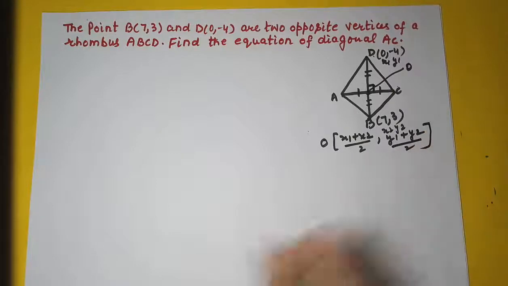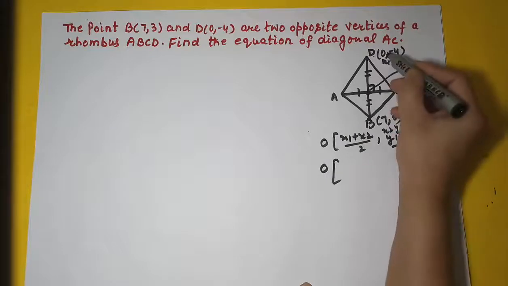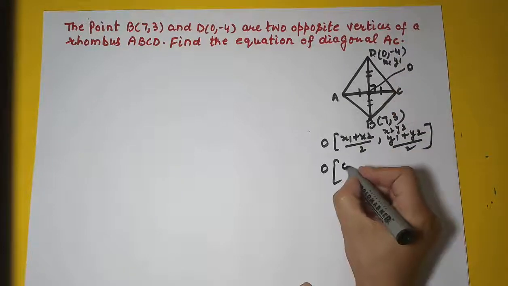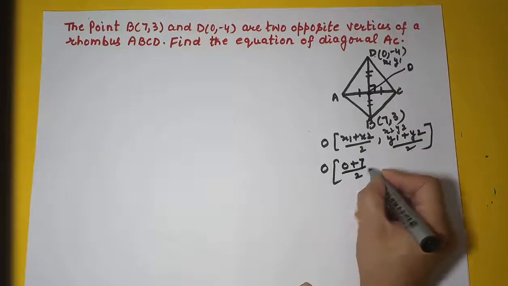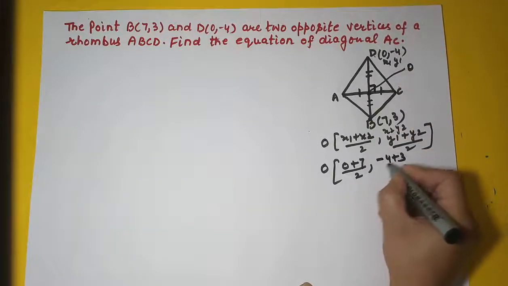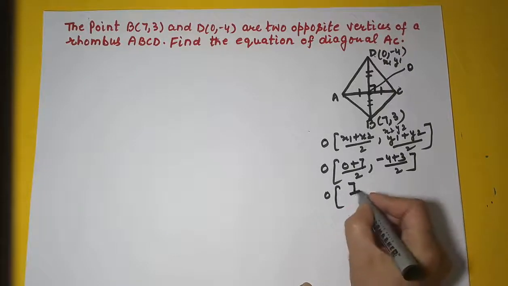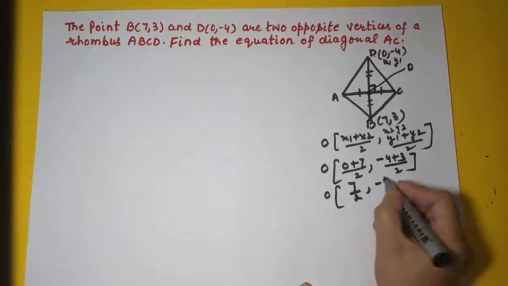That's how we find the coordinates of a midpoint. So the coordinates of O will be (0 plus 7) by 2 and (-4 plus 3) by 2. So I have found the coordinates of O as 7 by 2 and -1 by 2.